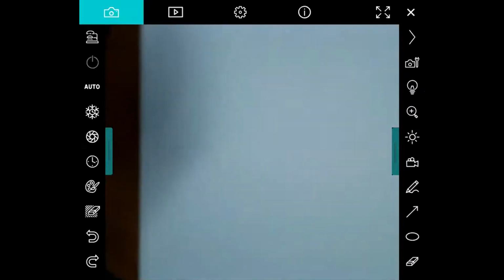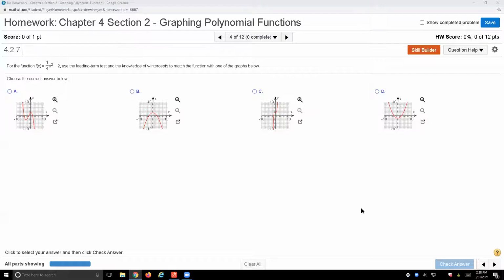Okay, now this next one, let me switch over to share my screen with y'all. The equation is f of x equals 1/4 x squared minus 2. Which one of these graphs can it not be?